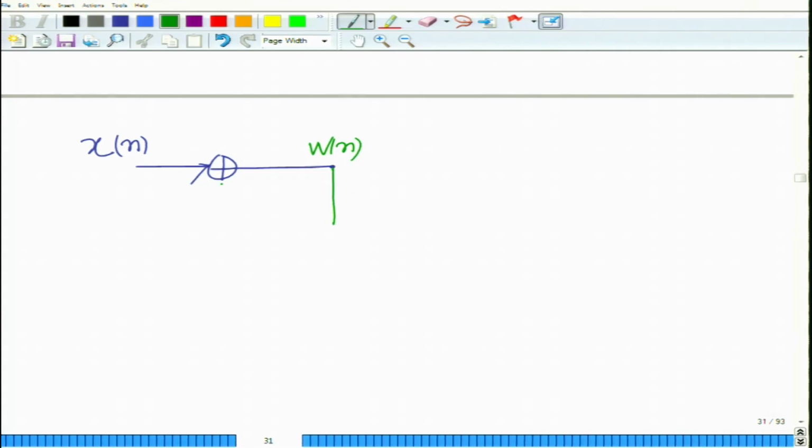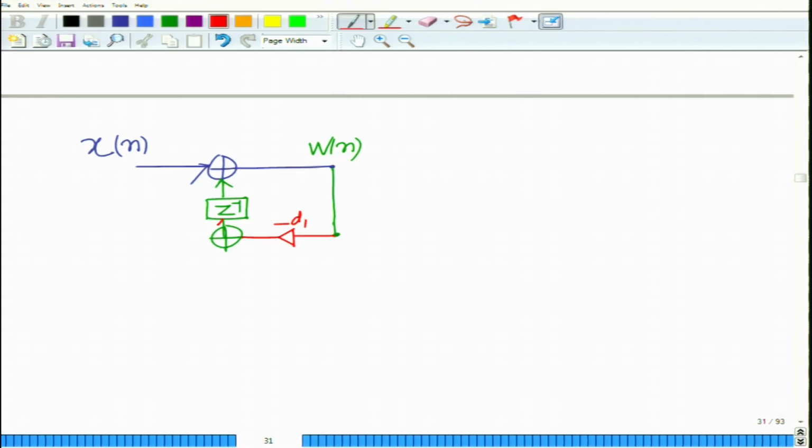So, I will have z inverse, that is a delay, this is w(n). We will have another adder, and then of course, this has to be multiplied by minus d1.